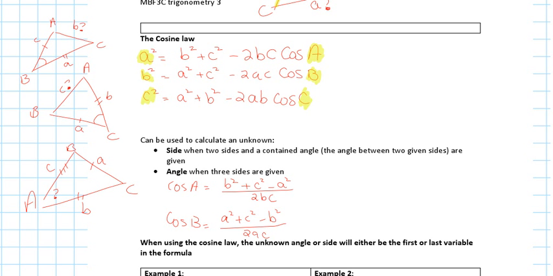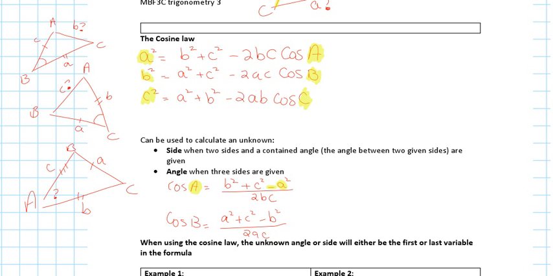Now the angle A, and then to match the angle A, you're going to subtract A squared. Okay? So this is how you know that you have the right formula. The rest, all the others, don't have A anymore. So it will be B squared plus C squared minus A squared over 2BC.